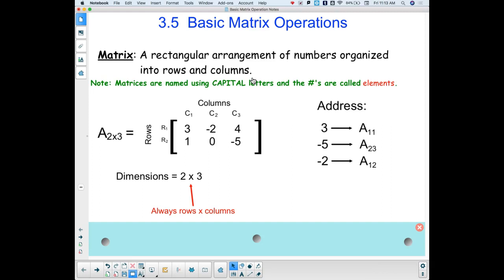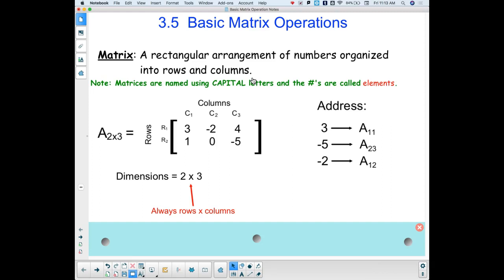Each individual element has an address, and that address is the row that it's in and the column that it's in. So for instance, 3 in matrix A, the element 3, would have the address of A11, and that signifies that it's in matrix A, row 1, column 1. -5 would have an address of A23.